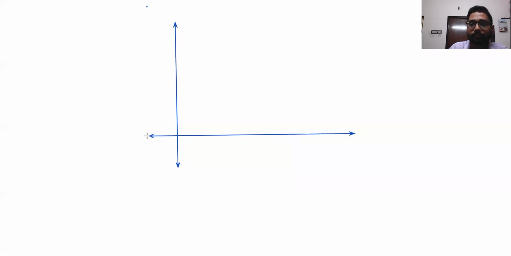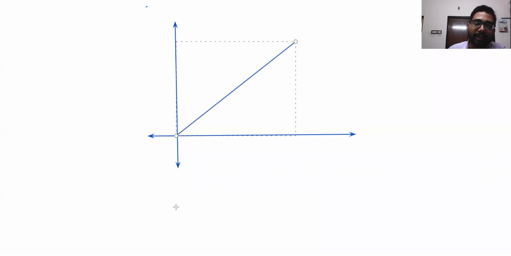You may wonder that for the same angle we can take different points, right? For example, something like this. Let's say I am taking a line with angle theta.